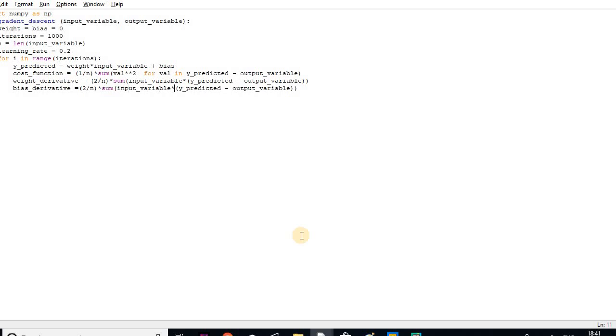Even this bracket is not needed here actually, that I have also removed. So this is the bias derivative.